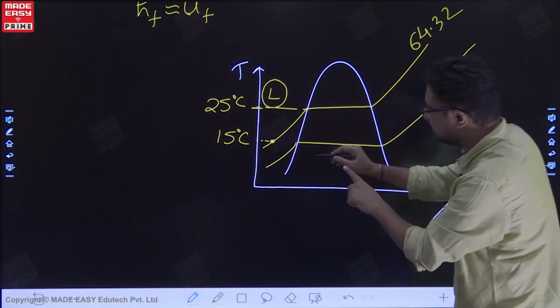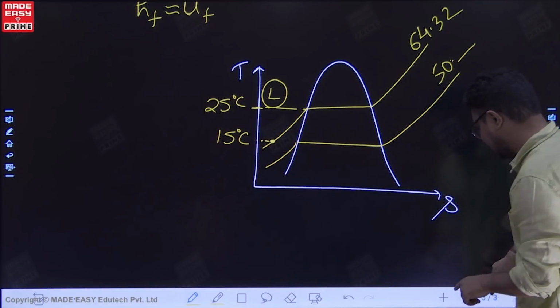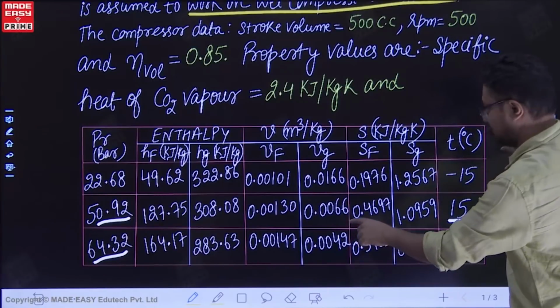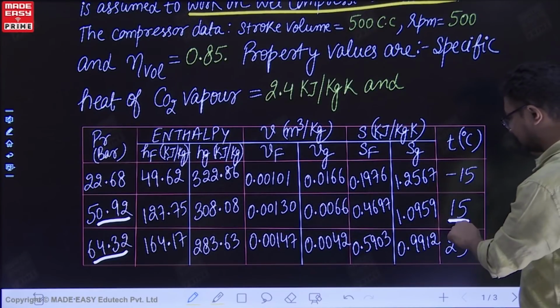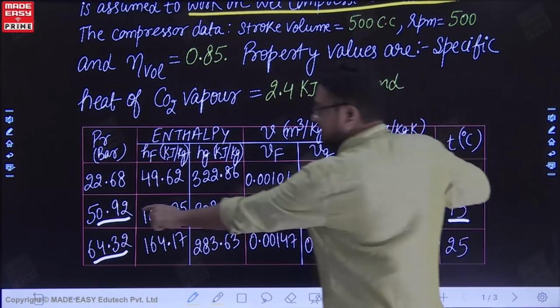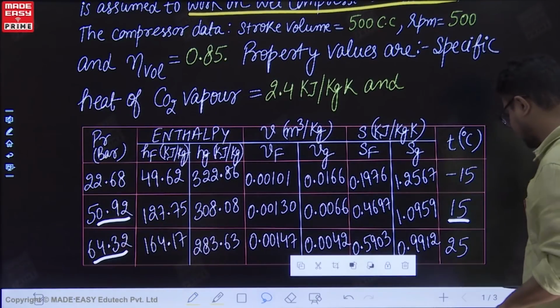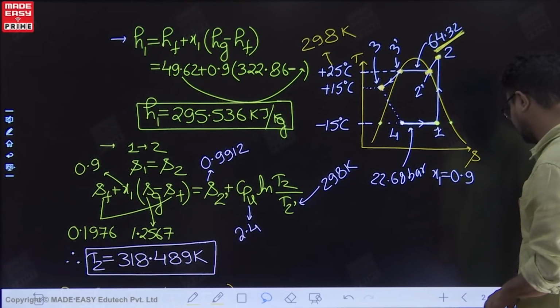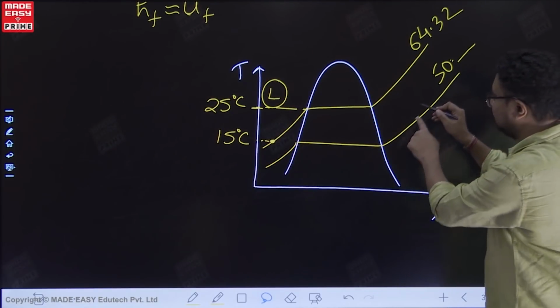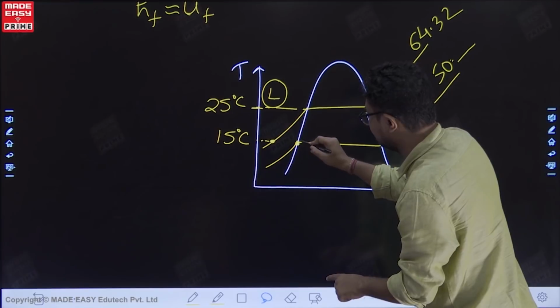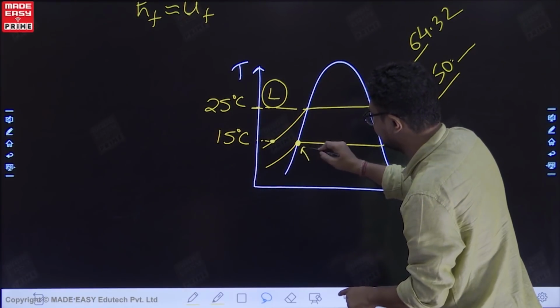15 degree data is given, but for this pressure, this data hf is given.